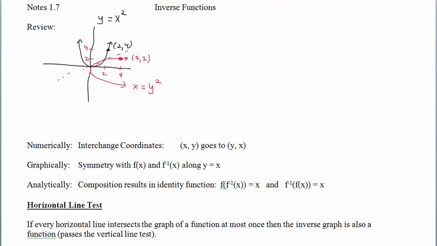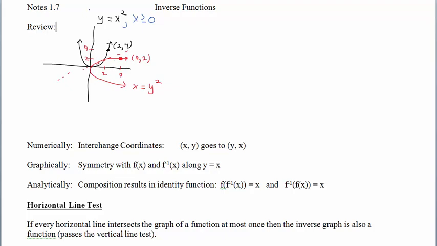Just thinking about this graph for a second, if I were to restrict y equals x squared, if I were to restrict its domain to be just all x values greater than or equal to 0, then I'm talking about just this part of the graph right here, the part that falls in quadrant 1. If that's the only part that I reflect along y equals x, taking every ordered pair and switching the x and y coordinates and plotting them, then I would only get this branch right here on x equals y squared.